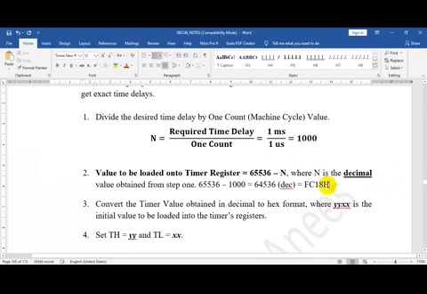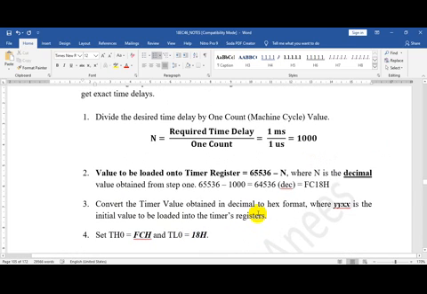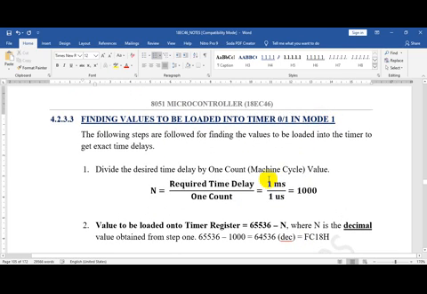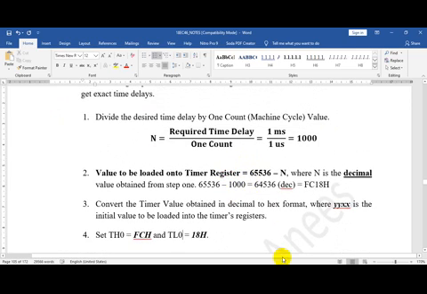So this value I will be loading in TH and TL register. In this case, FCH will be loaded in TH and 18H in TL. So if you are using timer 0, this will be TH0 and this will be TL0. This is how we calculate the count for loading the value for mode 1. We shall see this in detail when we discuss the examples. Thank you.